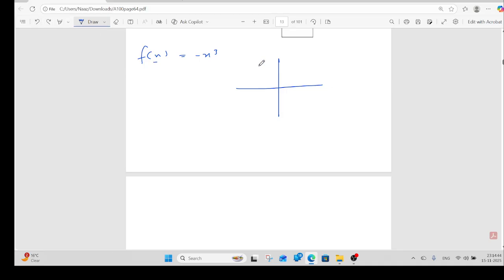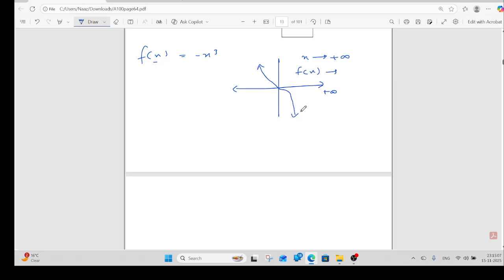If you check the right side, as x goes to positive infinity, f(x) is going downward, right?